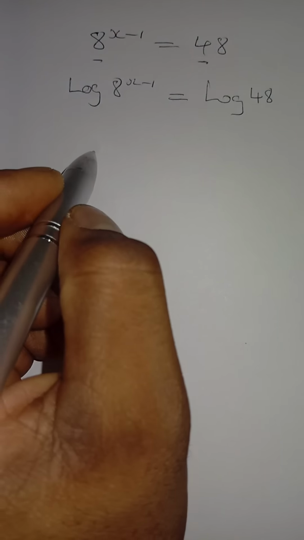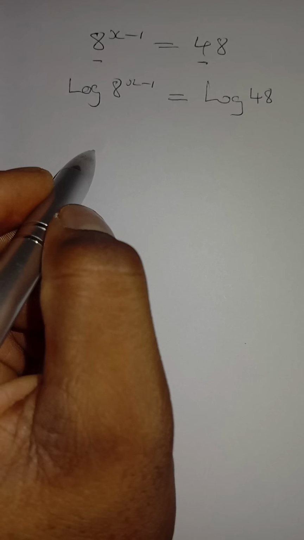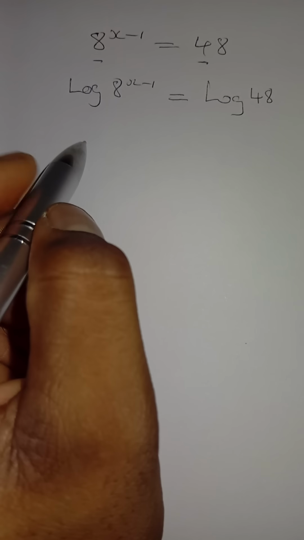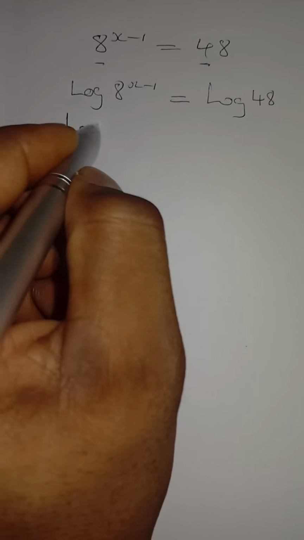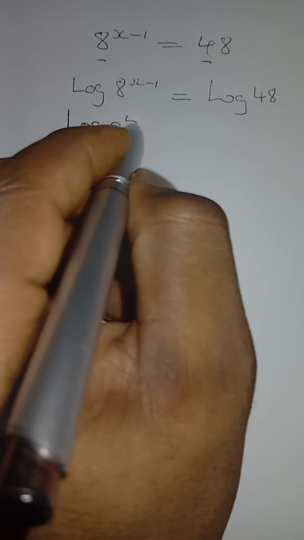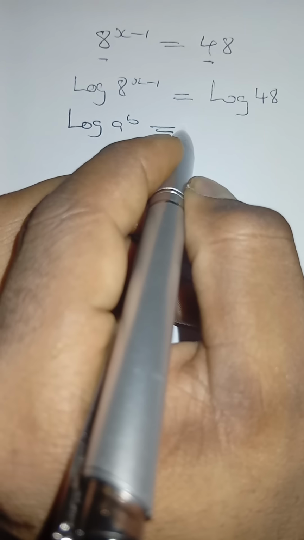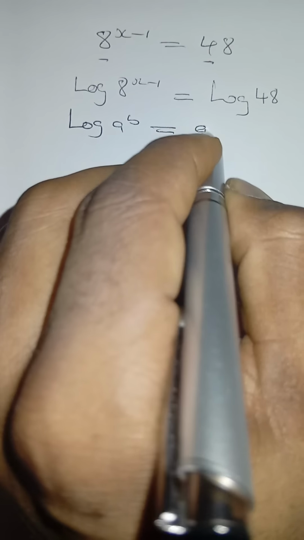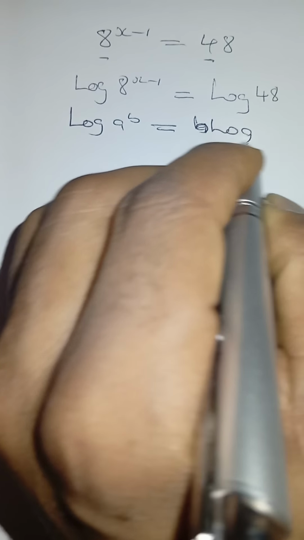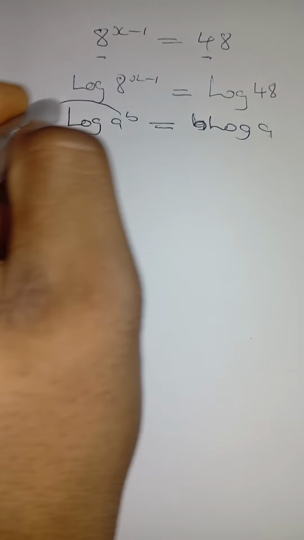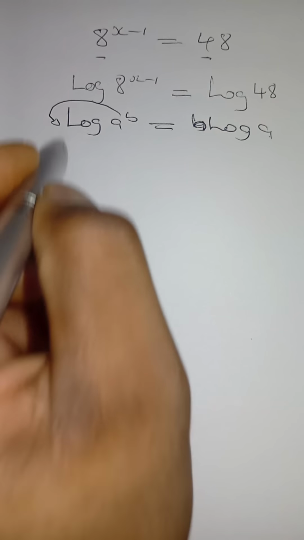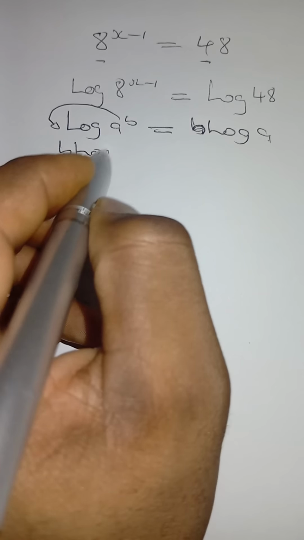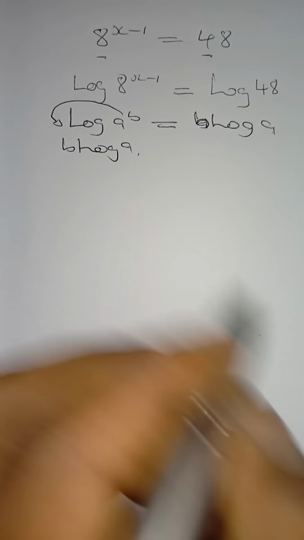All right. So how do we deal with this? Now, log a^b is equal to b log a. So this comes to this.